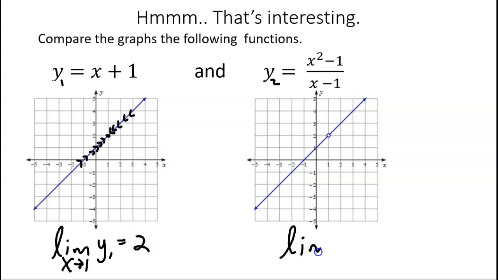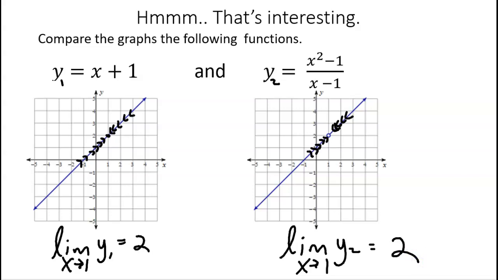If I were to try to find the limit of this function over here, function y2, as x approaches 1, as I approach from the left, I'm getting closer and closer to that open dot, and as I approach from the right, I'm getting closer and closer to the same open dot. And as you know from previous lessons, the fact that the dot doesn't exist doesn't matter. The question is what y value are we approaching? And we're still approaching the same y value as on the other graph, and that's 2.